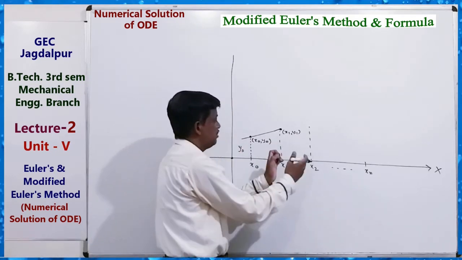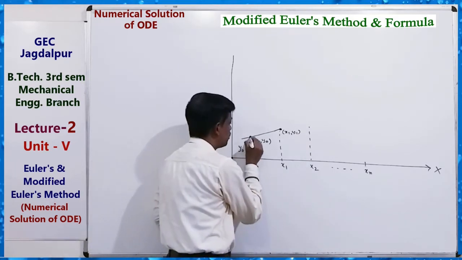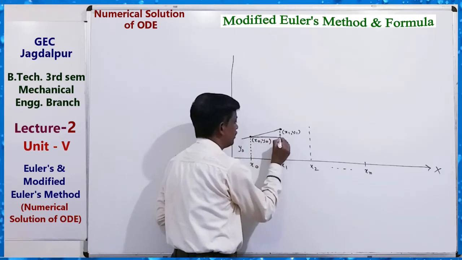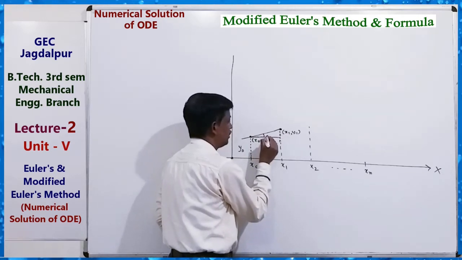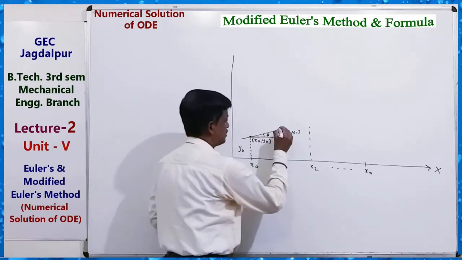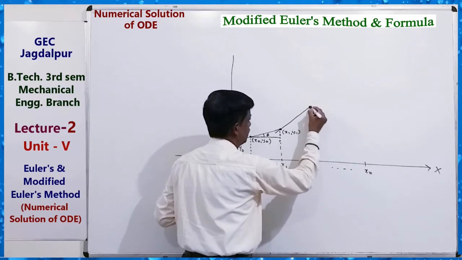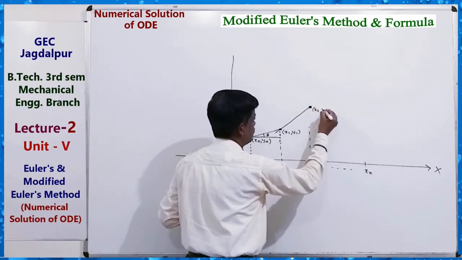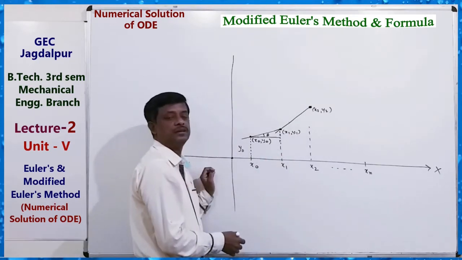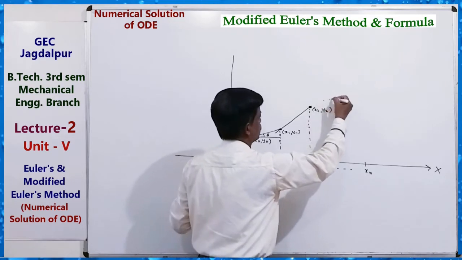Step by step, the tangent here with this slope, this is the angle theta, and here the tangent gives x2, y2. y2 is found from this tangent, and so on.